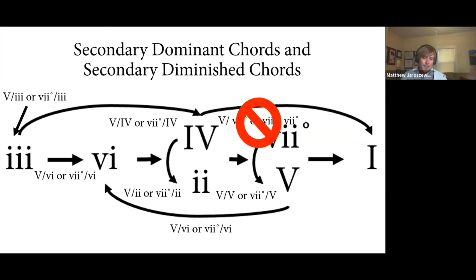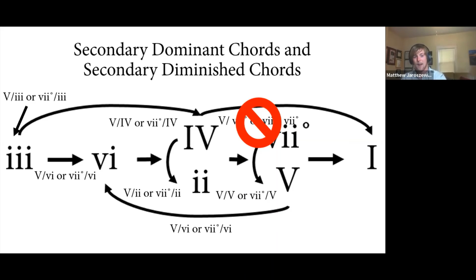So I'll play a slightly more involved progression that uses a few more of these. So here is 1. First of all, the basic version, no secondary dominant or diminished. 1, 3, 6, 2, 5, 1.